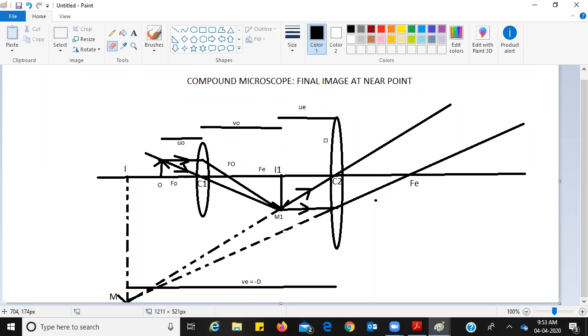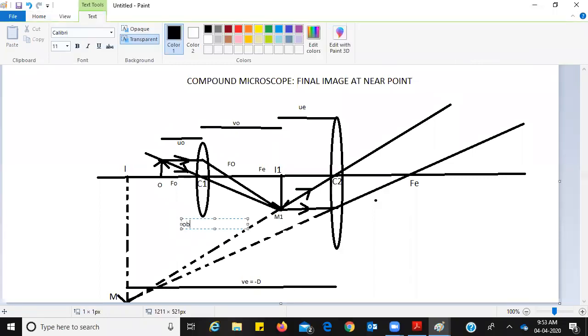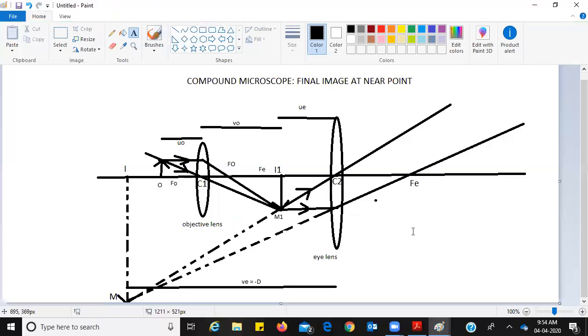If this is fine, this lens is known as the objective lens, and the other lens is the eyepiece lens, or eye lens. Then we need some properties for the objective lens and the eye lens.